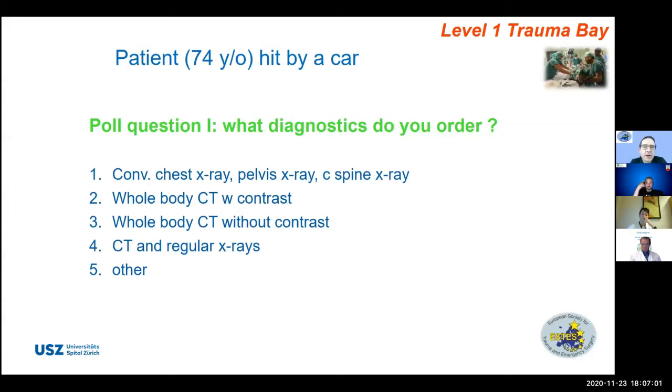What are you going to order now for your diagnostic investigations? Would you go for a chest X-ray, pelvic X-ray, and C-spine X-ray, a whole body CT scan with contrast, a whole body CT scan without contrast, a CT scan combined with some regular X-rays, or something completely different?